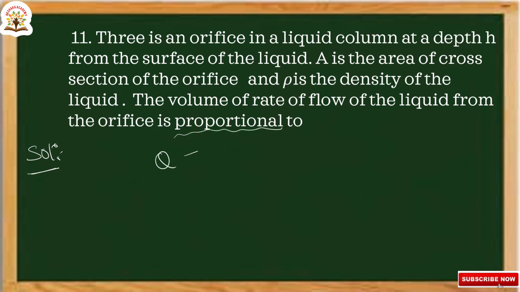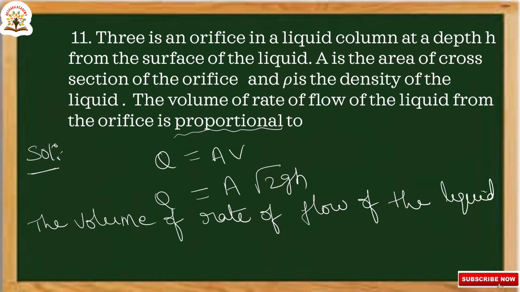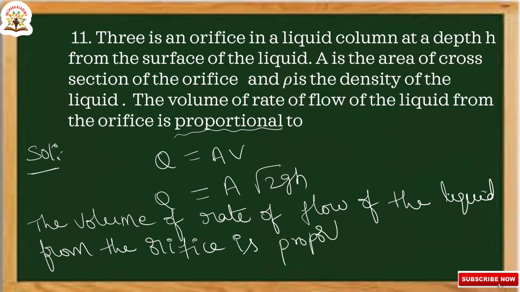So, rate of flow is equal to A into V. Q is equal to A into root 2gH. So, the volume rate of flow of the liquid from the orifice is proportional to A and proportional to root H.